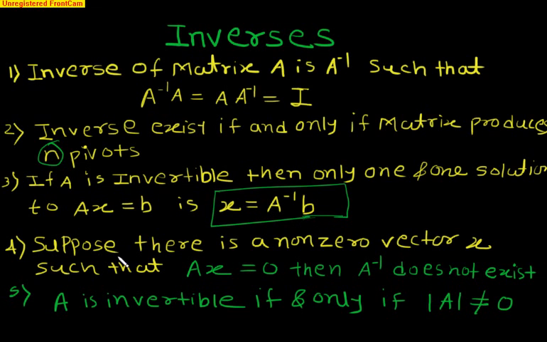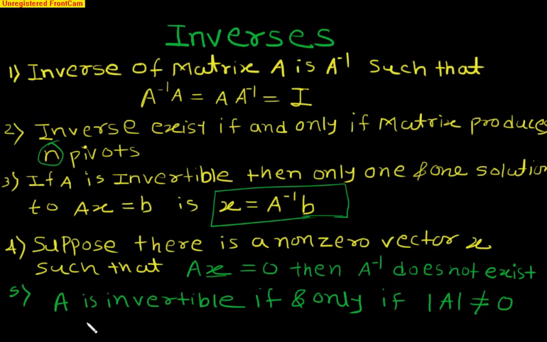Suppose there is a non-zero vector x such that Ax equals 0, then A inverse does not exist. If x is a non-zero vector and Ax equals 0, then the inverse is not possible. If x equals 0, then it is possible to have the inverse of A, but if x is not equal to 0 and our equation is Ax equals 0, then A inverse does not exist.